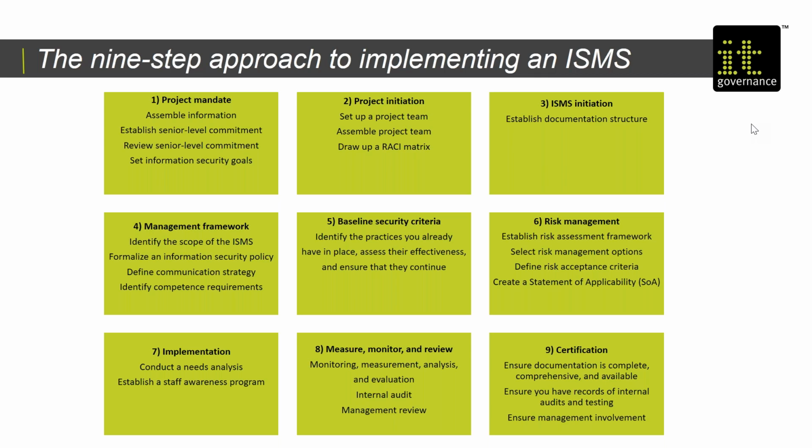You need then to communicate it. So when setting up the management framework is a good time to define the communication strategy, work out who's going to own communication, what you're going to be talking about at different points in the project itself, and identify the competence requirements. It's an expectation of any management system standard that work will be carried out by people competent to carry out that work.